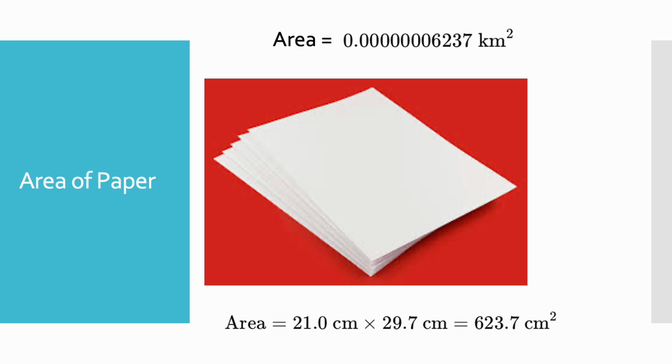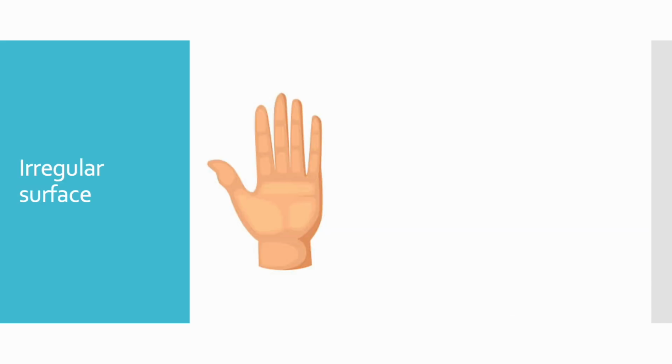If we convert that to square kilometers, it becomes a very tiny decimal, 0.0000006237 kilometers square, which is not practical to use in daily life. That's why we stick to units like centimeter square for smaller objects.